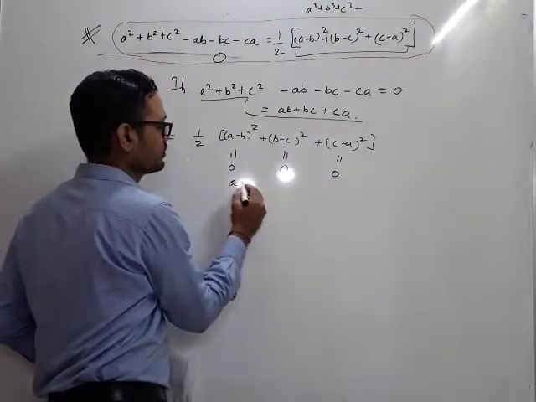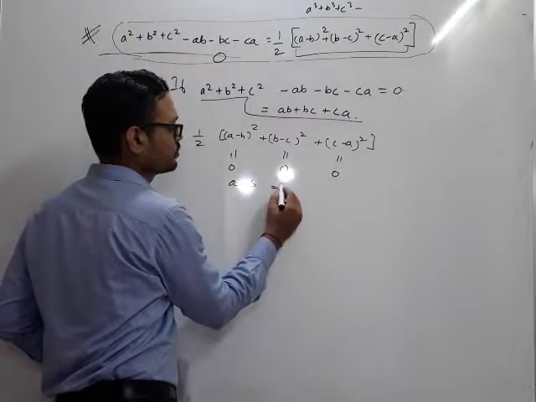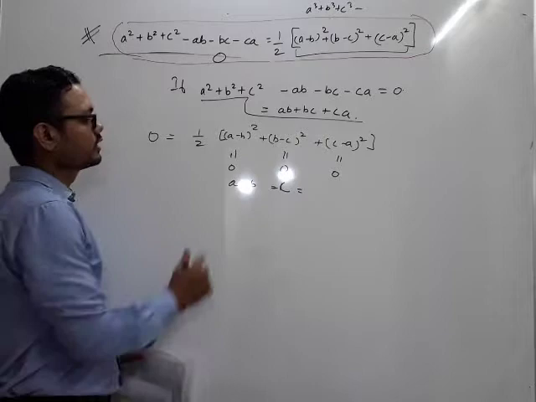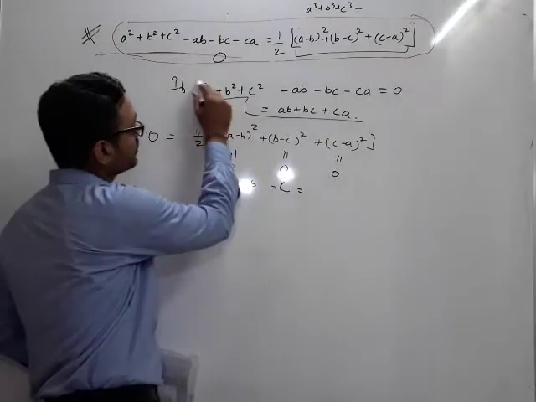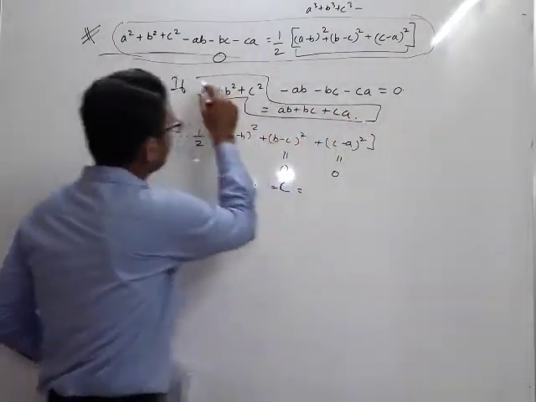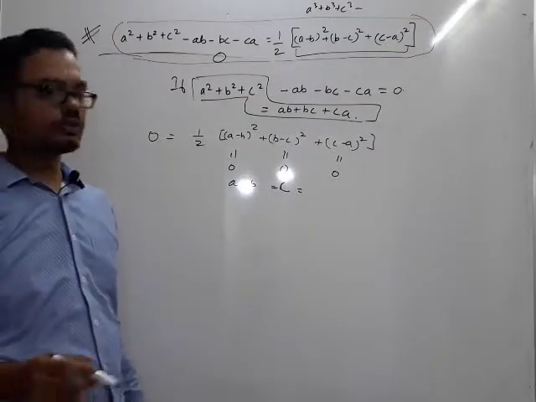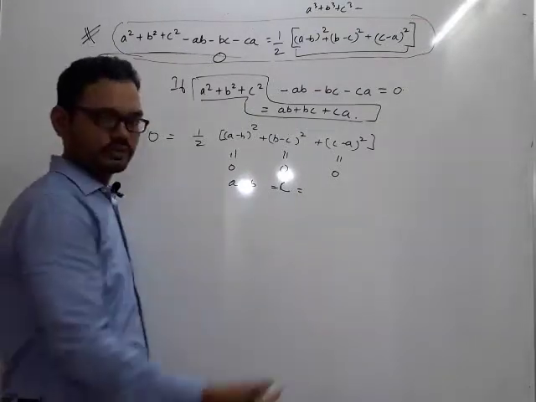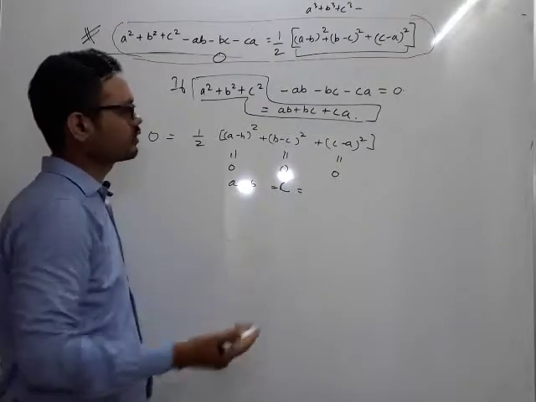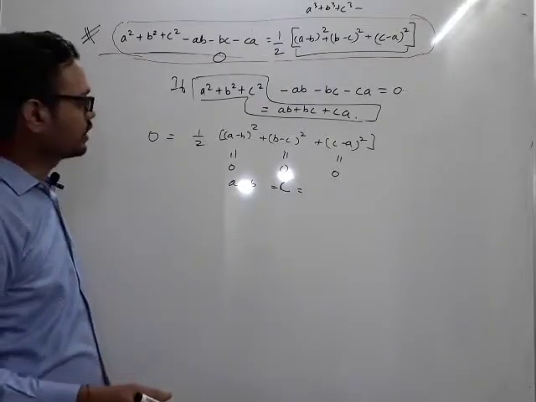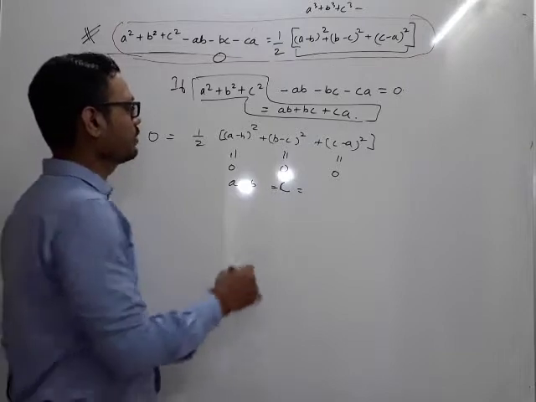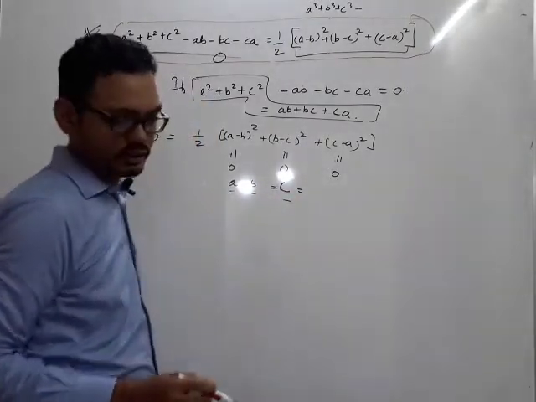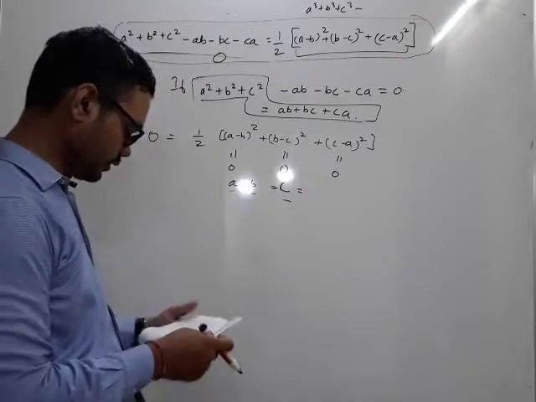It will be a equals b equals c. All the three terms will be equal. So if you are given this condition, if a square plus b square plus c square equals ab plus bc plus ca, exactly how it was in the previous video, a cube plus b cube plus c cube equals 3abc, then a equals b equals c. That is our first condition.